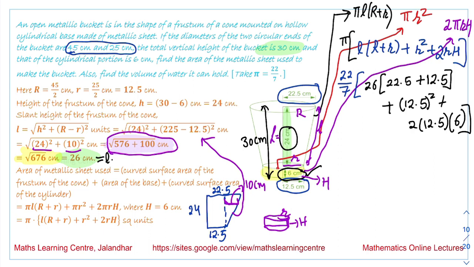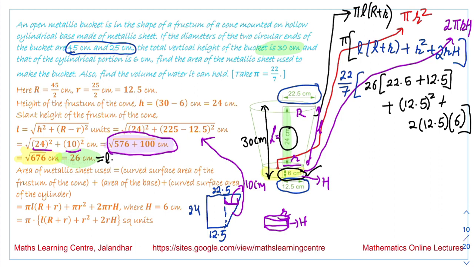The calculations are shown on our next slide. When we substitute these values in the formula, we get 22 by 7 into 1216.25, and on multiplying, the final answer is 3822.5 centimeter square. So this is the total area of the sheet required to make this bucket.